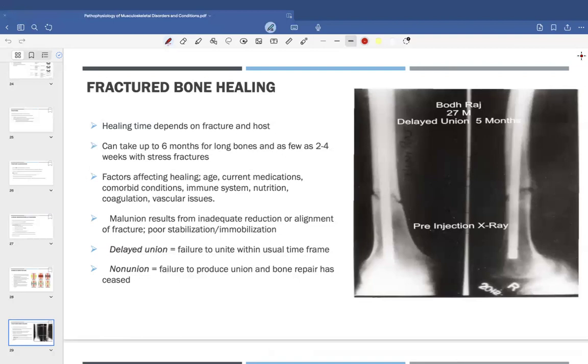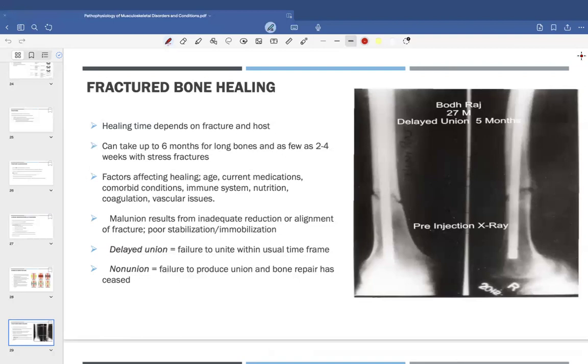You can see the callus formation a little bit over here on this version, but this is after 5 months of putting in an intramedullary rod in a patient.